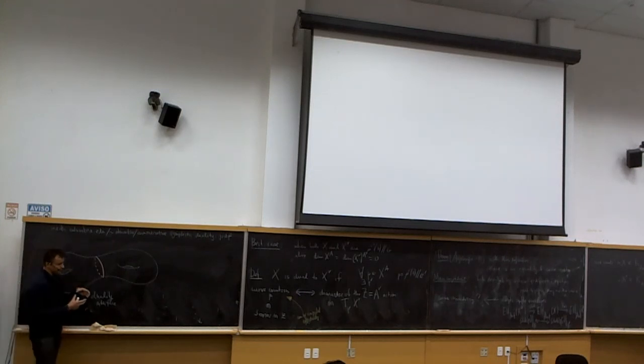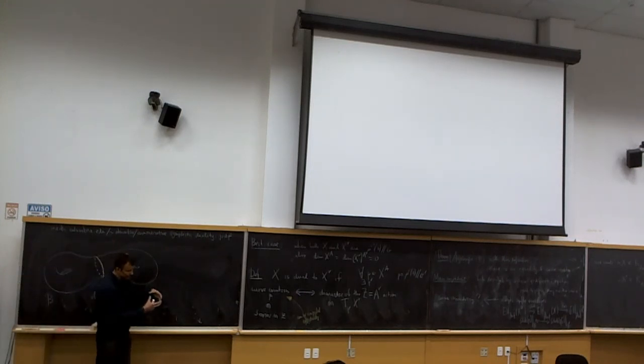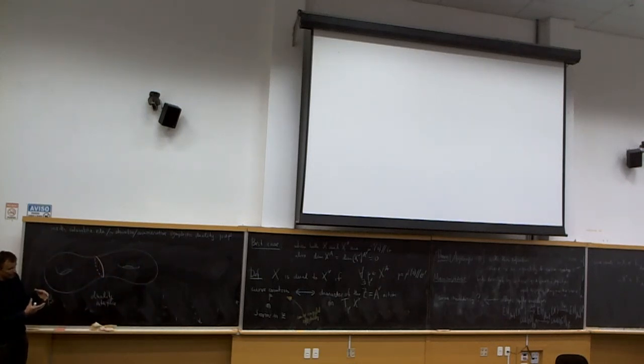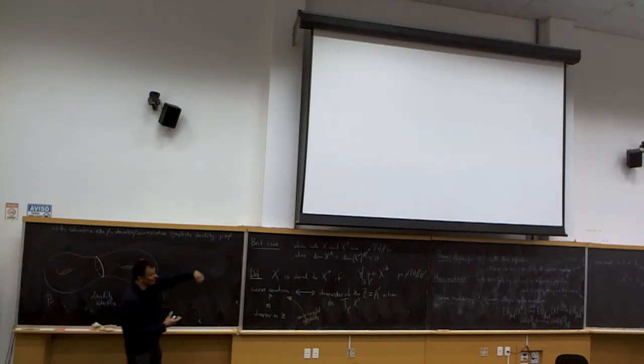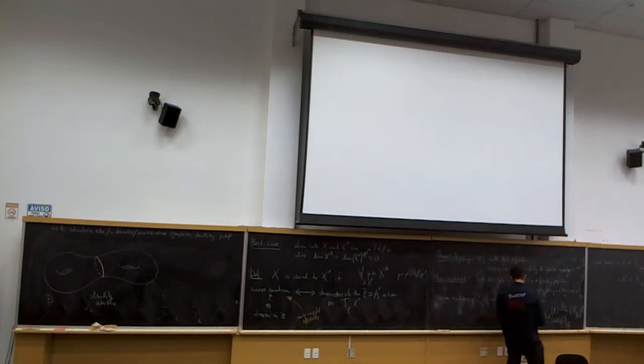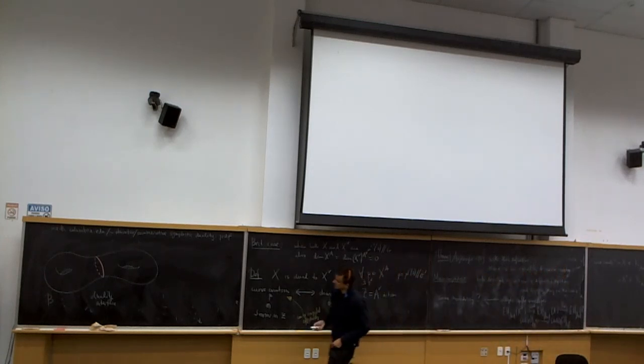And what lives there, the way to think about it is that the index in that boundary theory is an element in elliptic homology of X. And so this is how we construct the duality interface.